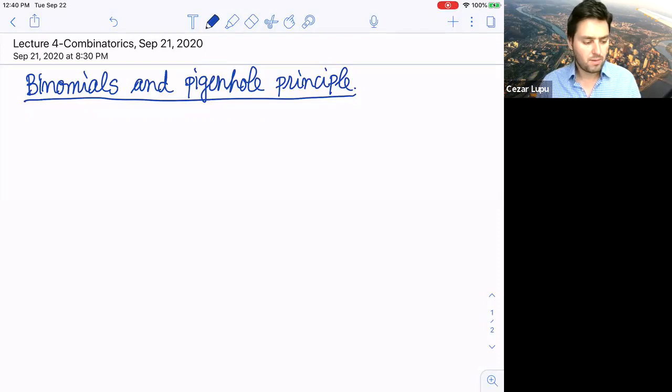This is just a very tiny portion of what we're supposed to do. There are about four major topics in combinatorics: counting, graph theory, which is a whole theory, and Ramsey theory, where the pigeonhole principle is one of the main tools. And there is also a newer method called the probabilistic method.